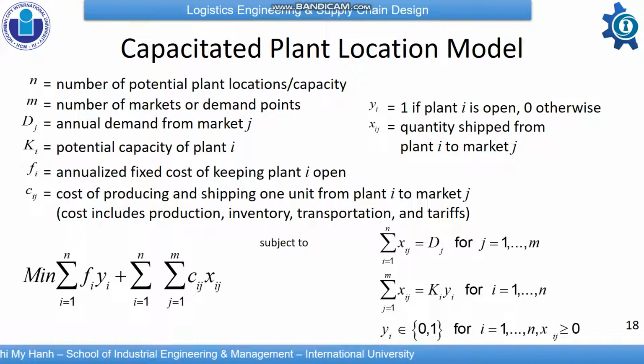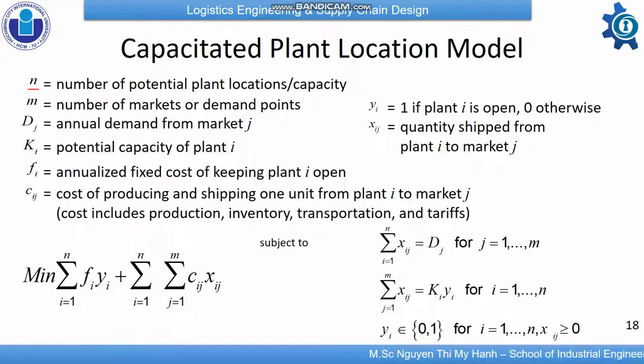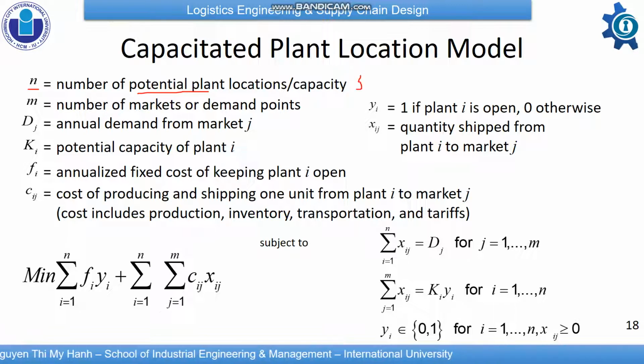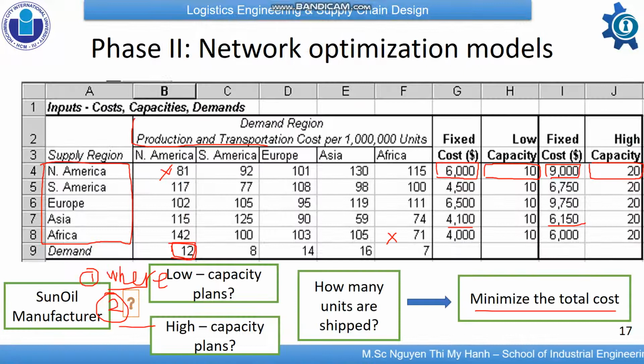So I will build the model for that problem. I give the notation: n is the number of potential plant locations or capacities. So here n, the potential plants, is equal to 5 in this case, right? The potential plants are in North America, South America, Europe, Asia, and Africa. So we have 1, 2, 3, 4, 5.